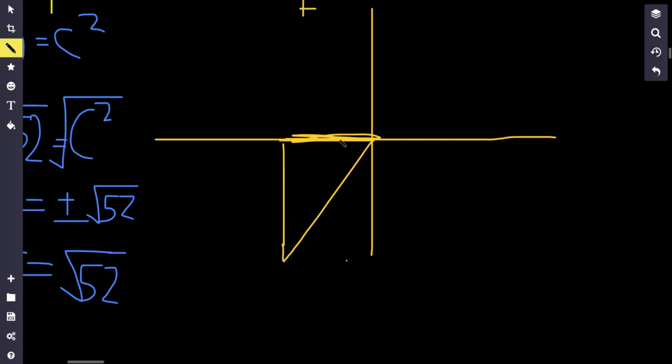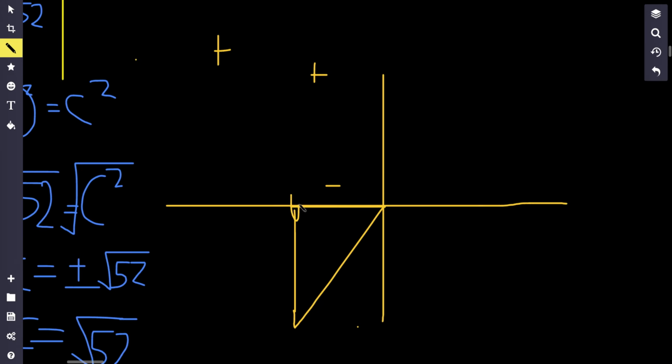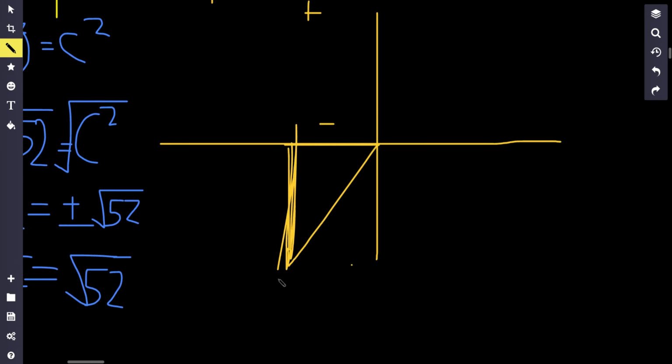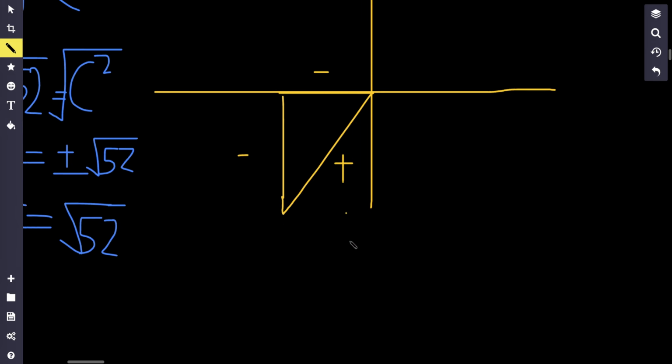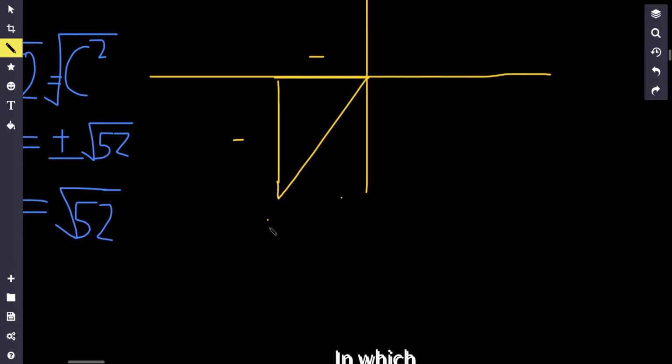So in this case, this side would be negative because it's in the negative x direction, and this side would be negative because it's in the negative y direction. Our hypotenuse is going to be positive because remember, the hypotenuse of a right triangle is equal to the square root of a squared plus b squared.